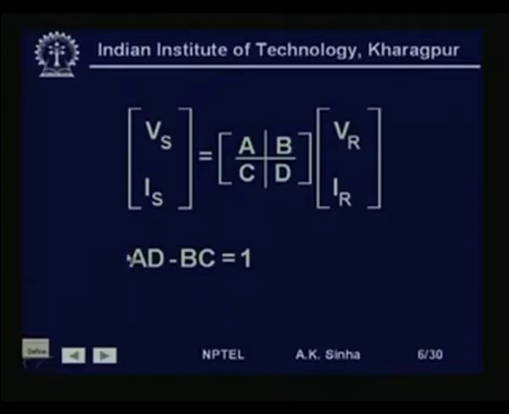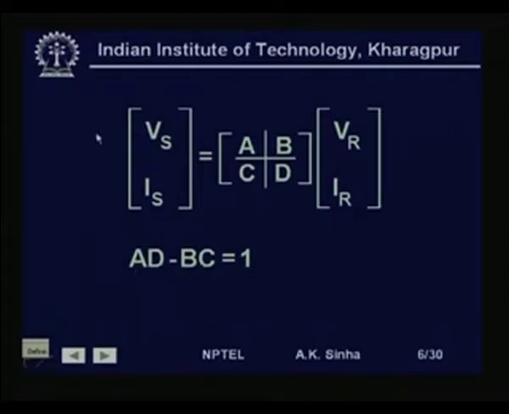It is valid for any two passive bilateral linear two port network, and from network theory, we get one of the properties for this network as A d minus B c is equal to 1.